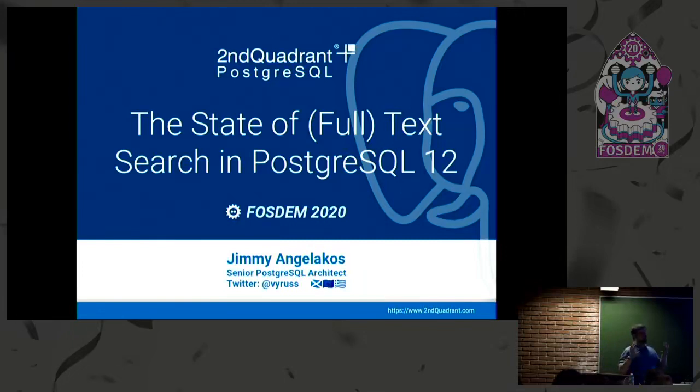So the motivation for this talk is I was speaking to some, let's say, colleagues, customers, community members, and I was surprised to find out that these things aren't all that well known. There are people that use Postgres that actually use external search engines to index their text.